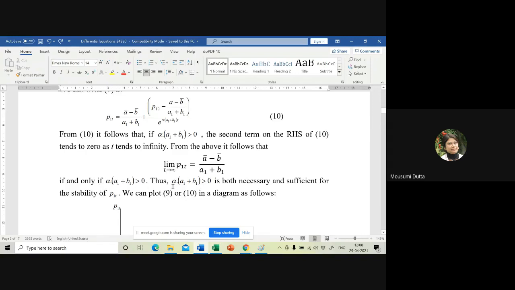Thus, the positivity of alpha into A1 plus B1 is both necessary and sufficient for the stability of P1T. This is both the necessary and sufficient condition, that is, if the equilibrium is stable, you will get alpha into A1 plus B1 positive. Alternatively, if alpha into A1 plus B1 is positive, in that case, you will get the time path is stable, that the time path is converging.